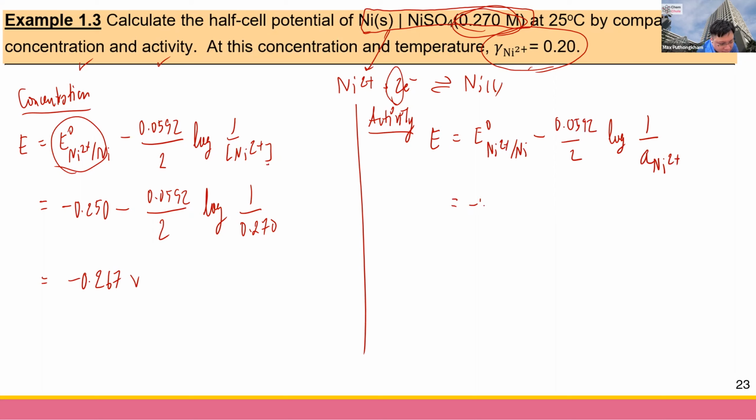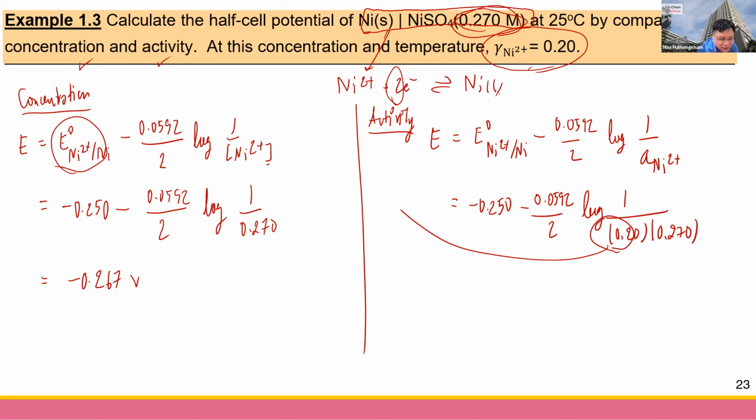So I'm going to plug everything in. It's the same number on the front, but now in the denominator you just have 0.20 multiplied by 0.270. 0.20 is the activity coefficient, and 0.27 is the concentration. And you plug the numbers in, and I believe you get minus 0.288 volts.